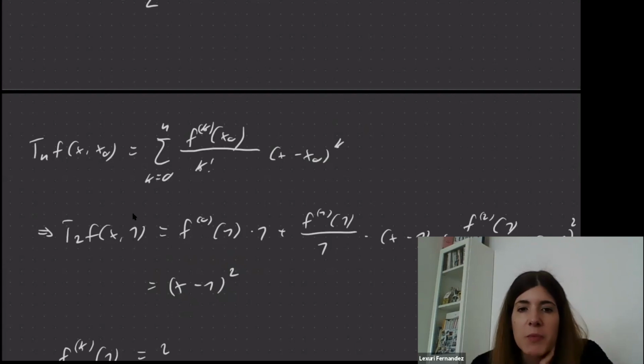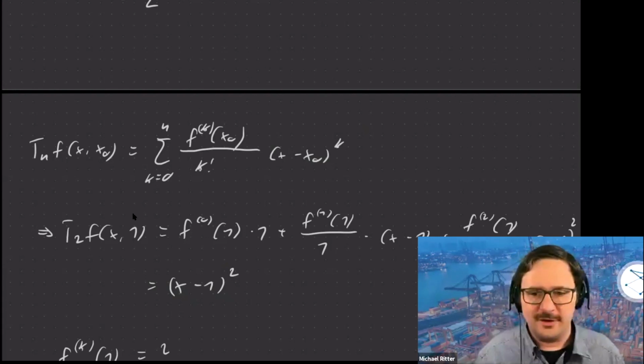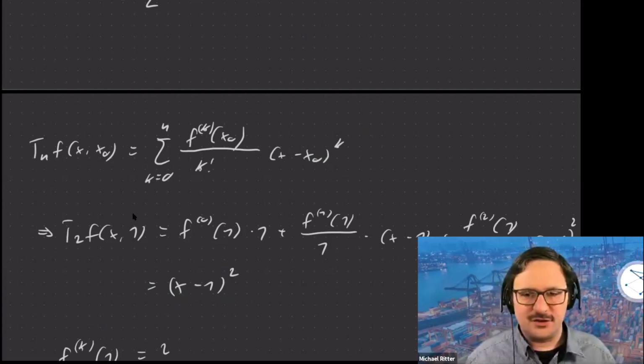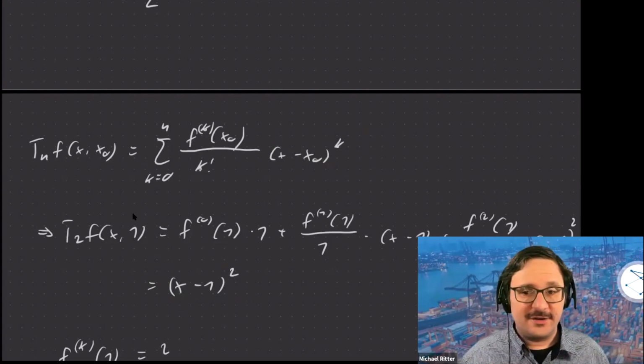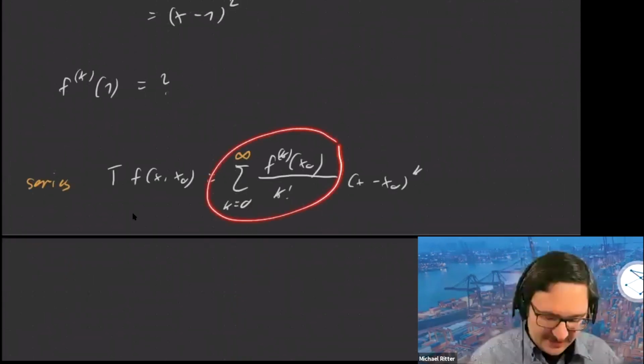To know if the Taylor polynomial converges or diverges, we would just investigate the limit of the Taylor polynomial, right? For the Taylor polynomial is just a finite polynomial. It always converges. There's no such question here. For the Taylor series, well, it's a series, so you'd have to have a look at the series.